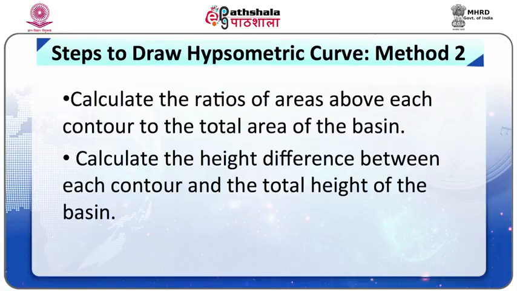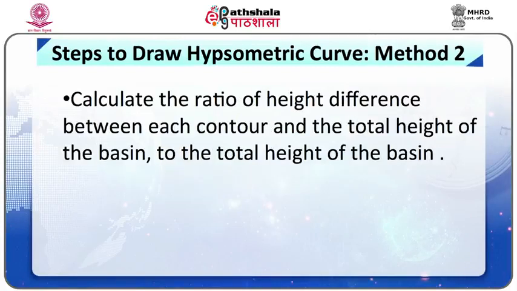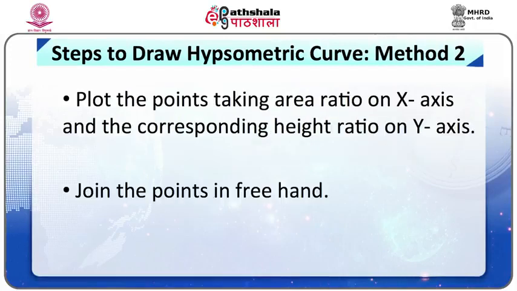Next, calculate the height difference between each contour and the total height of the basin. Then calculate the ratio of height difference between each contour and the total height of the basin to the total height of the basin. Then plot the points taking area ratio on x-axis and the corresponding height ratio on y-axis. Join the points in freehand.